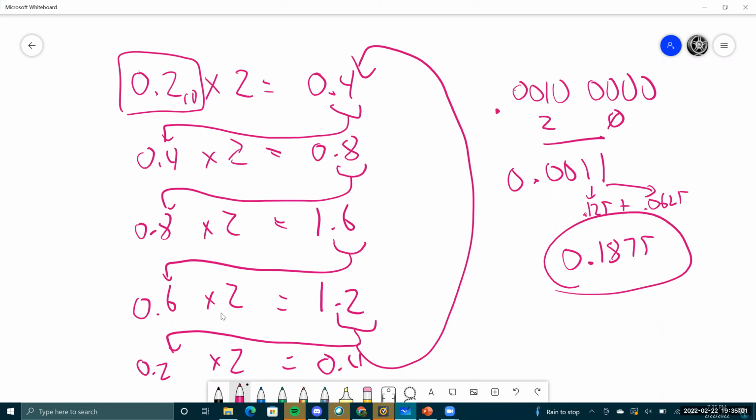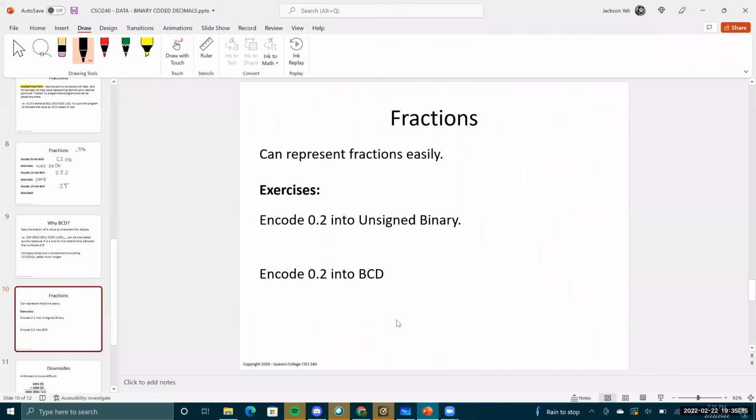Okay, so BCD allows for exact representation of decimals as long as it's a fixed point. All right, let's come back. So again, can't do it with unsigned binary, but with BCD, you have an exact. So this is 20 cents in BCD.